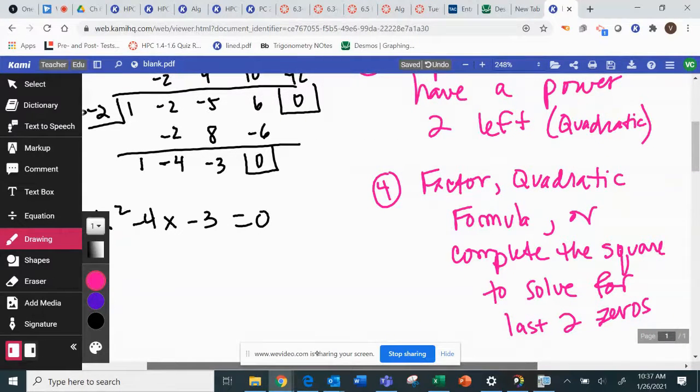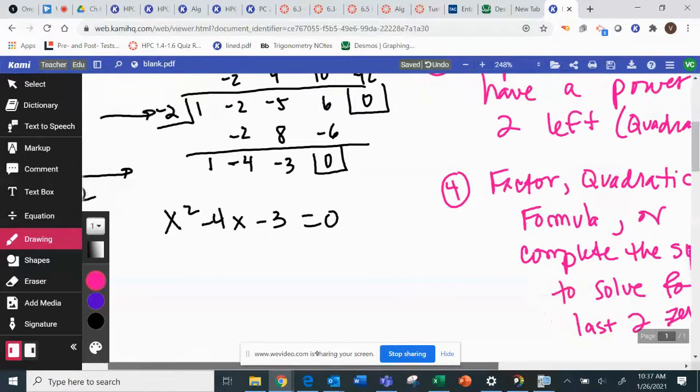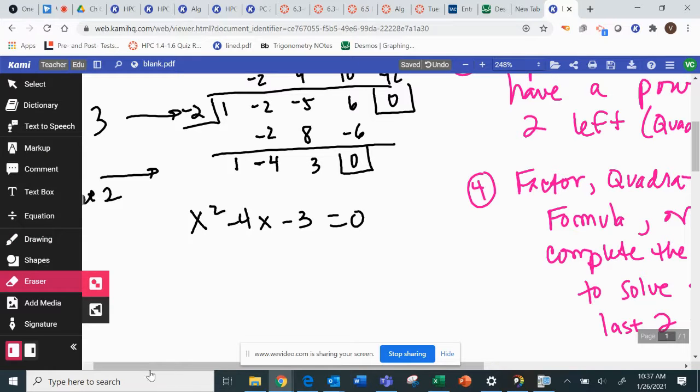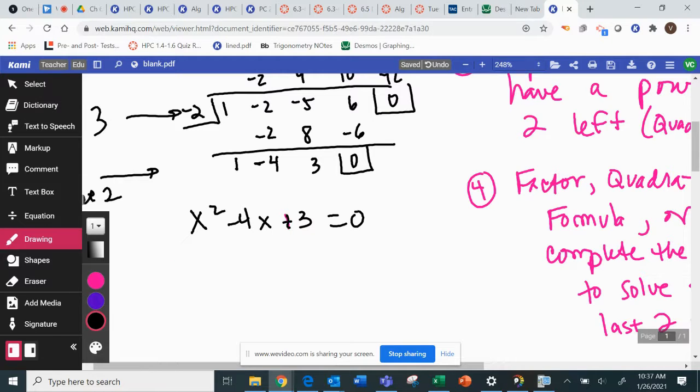I made a mistake. Gosh, I didn't even catch my mistake. You guys didn't either. I made a mistake before. Can't add. It's a problem. All right. So this one does factor.